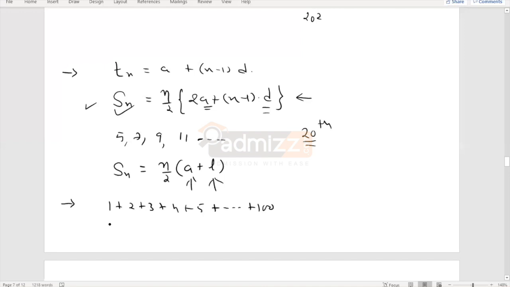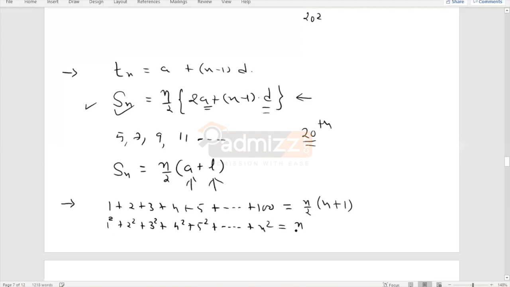And one more thing is 1 square plus 2 square plus 3 square plus 4 square plus 5 square plus up to n square. You can see here square is given, here without square is given. Here you may use n by 2 in the bracket n plus 1.